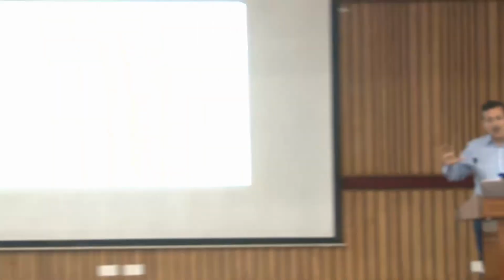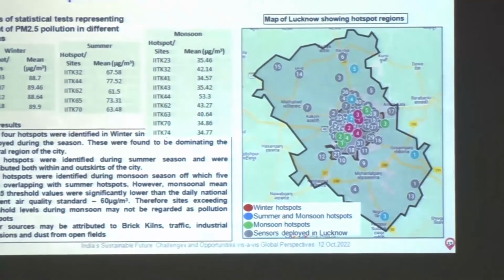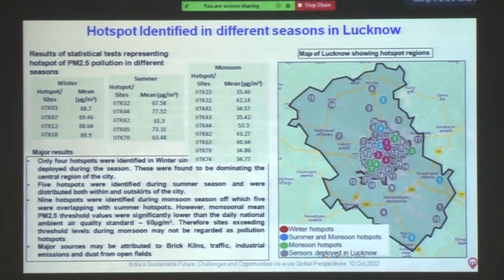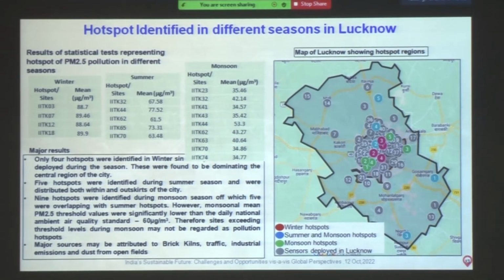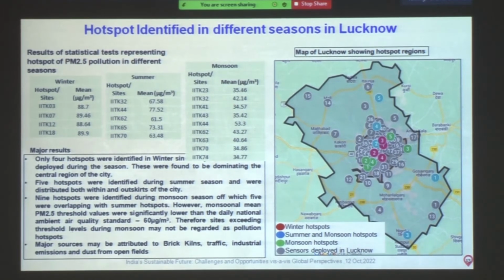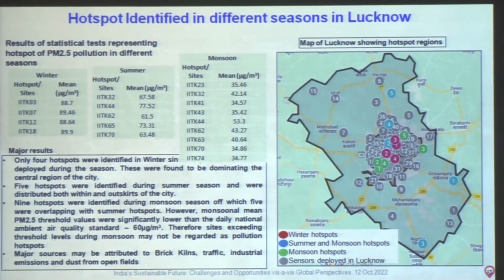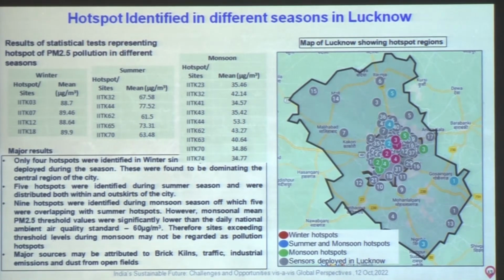This is another example. These are different examples of this emerging technology, where currently we are running a network of about 75 sensors in Lucknow. What you see on the right is a map of Lucknow city, and all these circles show the locations of sensors. We are able to get very accurate information about the hotspots, which are basically the locations where we generally sample a very high amount of particulate matter or pollution.